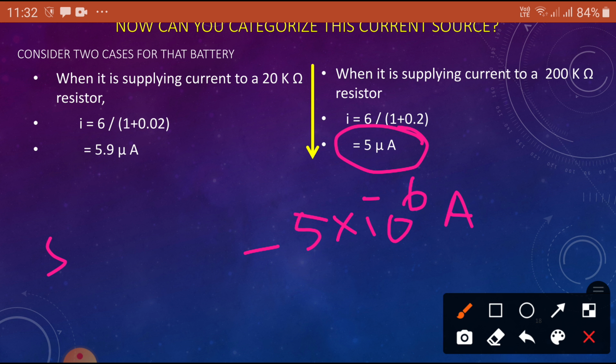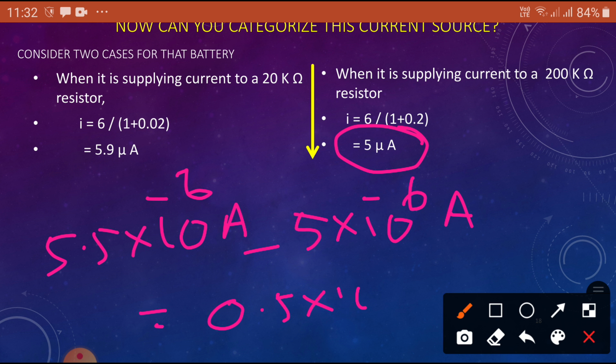In the previous case it was 5.9 into 10 to the power of minus 6 amperes. What is the difference? 0.9 into 10 to the power of minus 6 amperes.